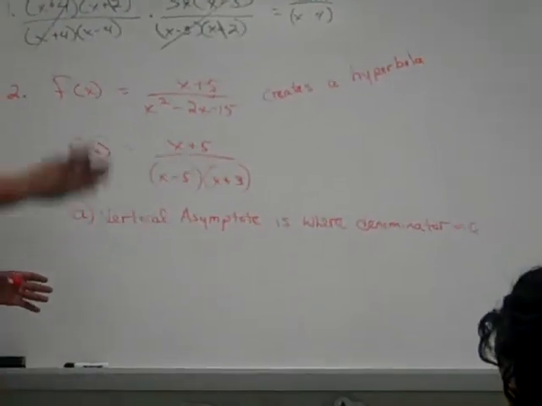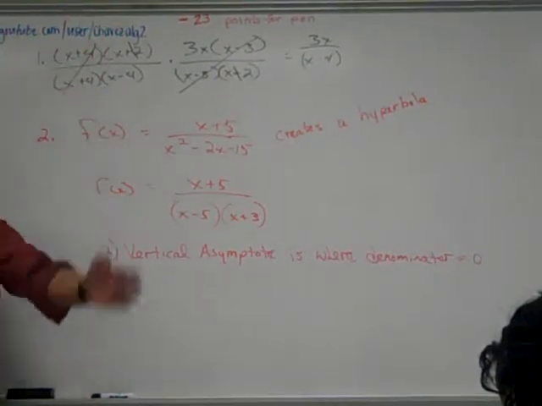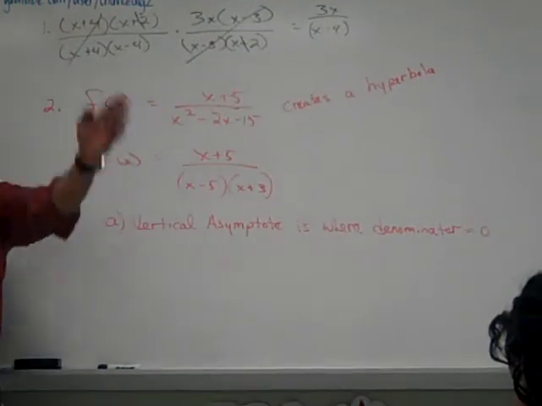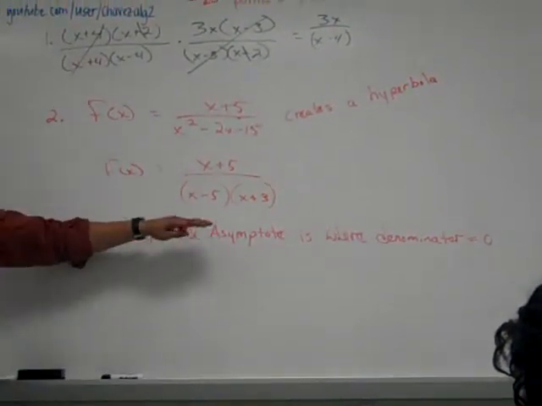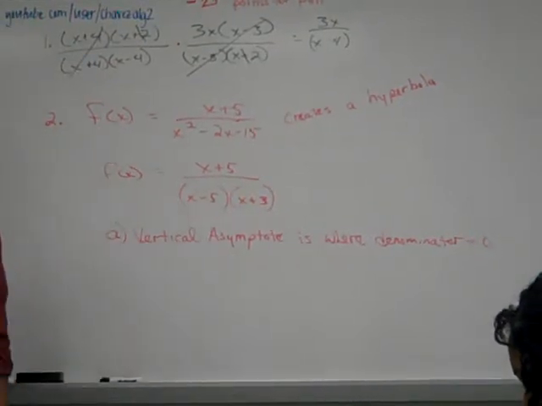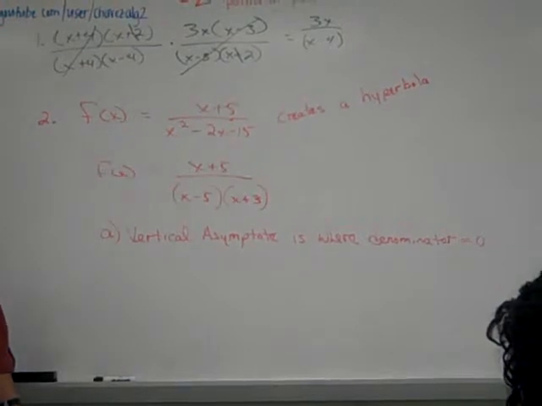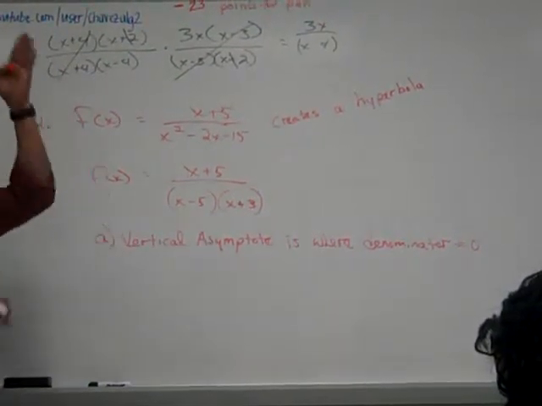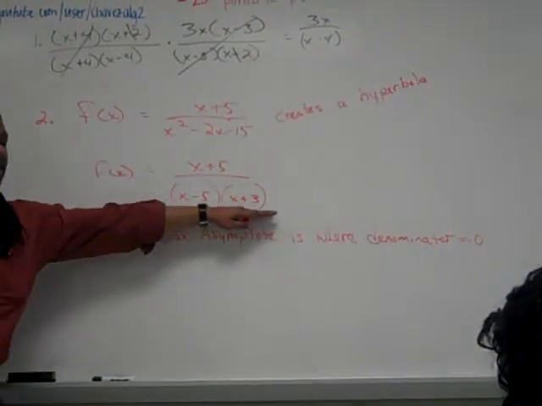Now, when I have a vertical asymptote, what axis is that going to hit? The x. It's going to hit the x-axis, right? So that's why it's going to be called x equals something. Vertical is up and down, yes, but what axis does it hit? The x, because the x is horizontal, so it hits that. Okay? So, where is my denominator equal to 0?